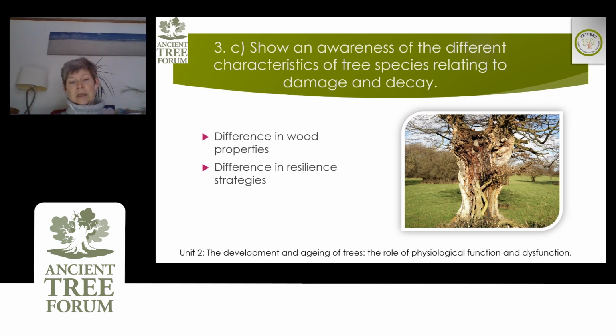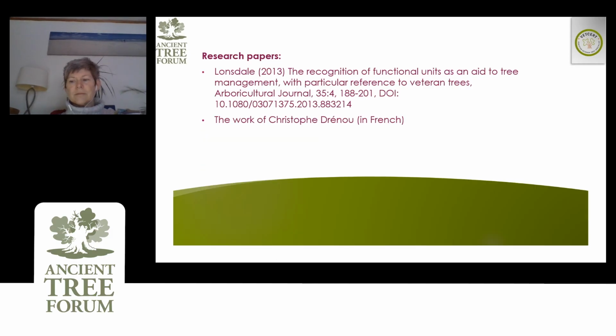And also, in a sense, have a difference in how resilient they are. Ring porous versus diffuse porous, and whether the sapwood has high levels of decay resistance also varies. So we would expect you to show an awareness of these different characteristics, and perhaps also to name a few of the sorts of differences that you might expect to see between tree species.